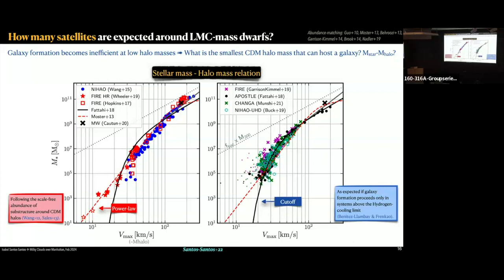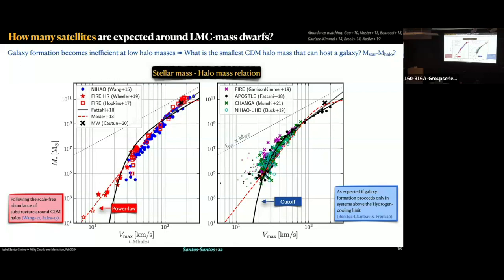It's interesting that these two shapes describe well results from very different simulations. But these two relations have very different implications. In the case of the power law, very small halos can contain a galaxy, while in the cutoff case, very small halos cannot form galaxies.